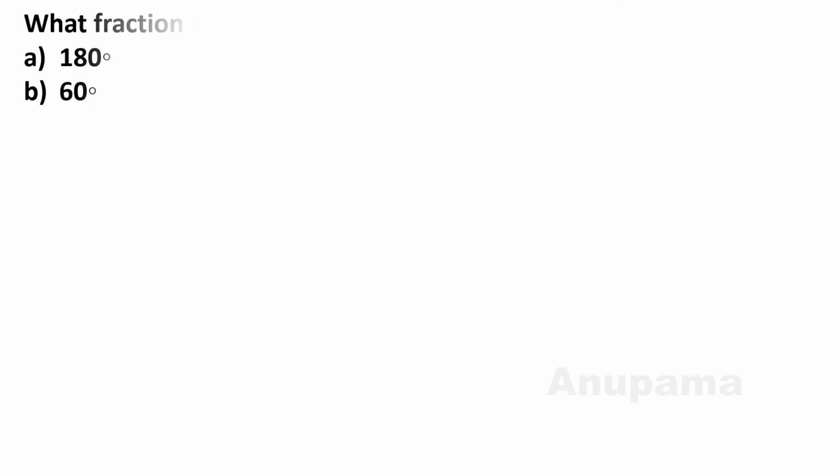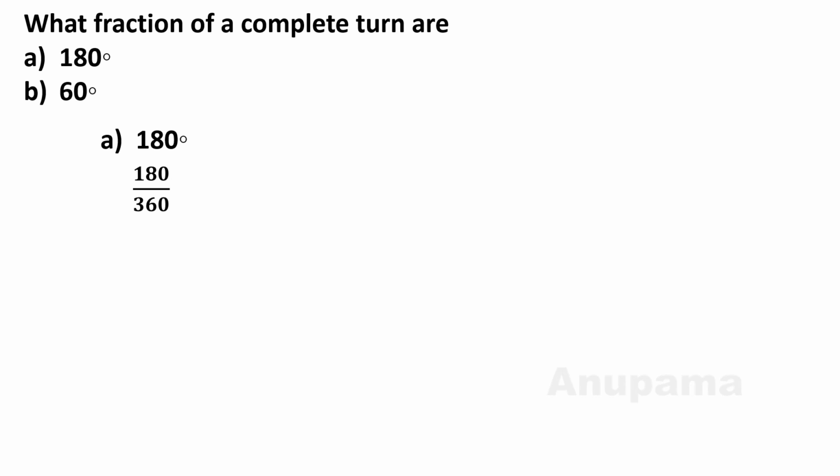Next type of question is like this. What fraction of a complete turn are 180 degrees and 60 degrees? Let us solve the first. For 180 degrees, we need to find out 180 degrees is what fraction of the complete turn, and we know that a complete turn means 360 degrees. So the fraction, how do we calculate? 180 divided by 360.